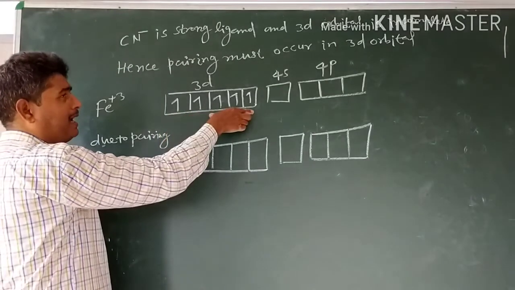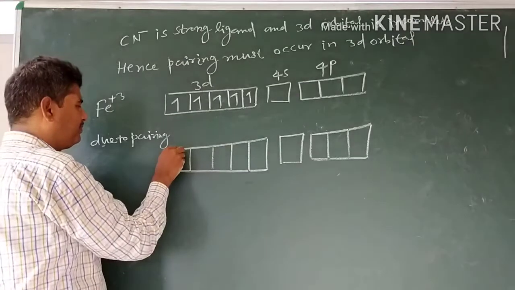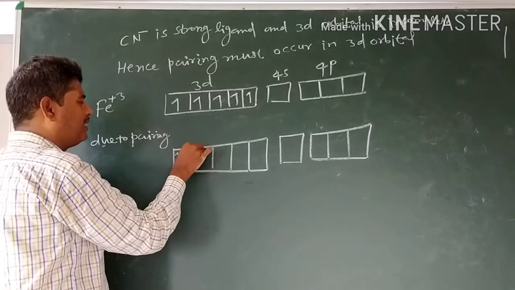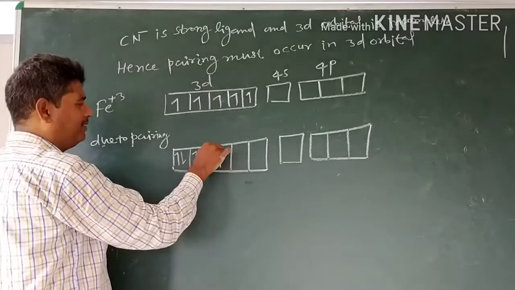Out of the 5 electrons, 4 electrons are paired. So two pairs are obtained and one electron will remain unpaired.